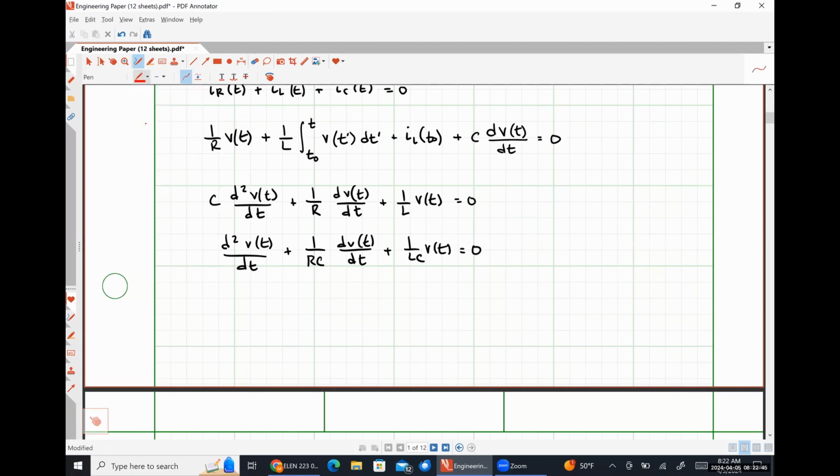This equation right here is a second order homogeneous differential equation.